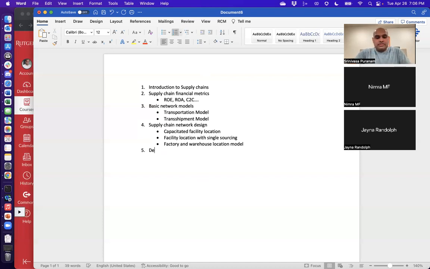Then we did decision trees. So in the decision tree model that we did, we specifically looked at a binary variability.